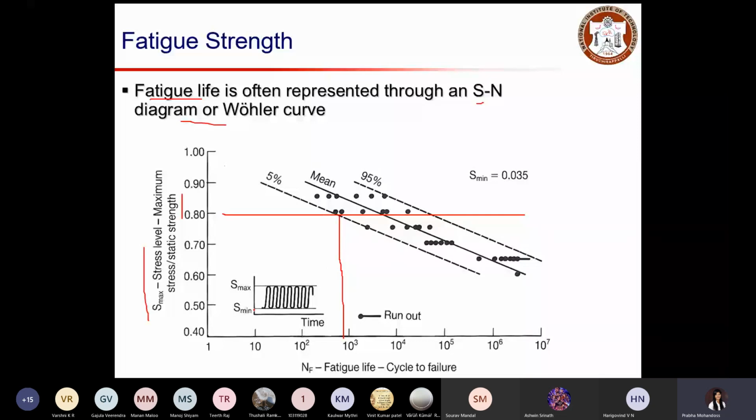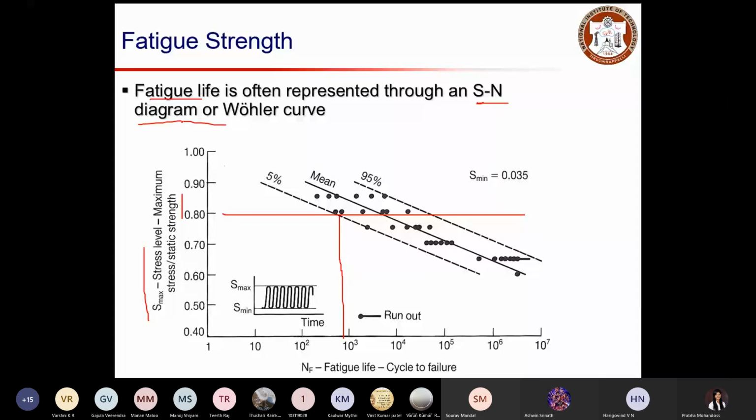Here you can see, with respect to time, the maximum and minimum stress that the member can take for a given number of cycles. If the stress exceeds this maximum limit, or if the number of cycles is exceeded, you will experience failure. That's why it is most often represented using the SN curve.